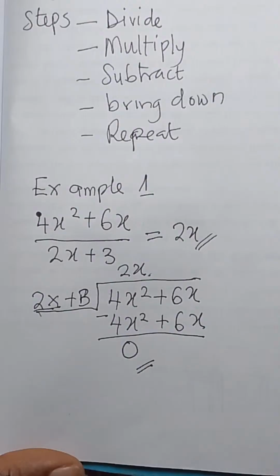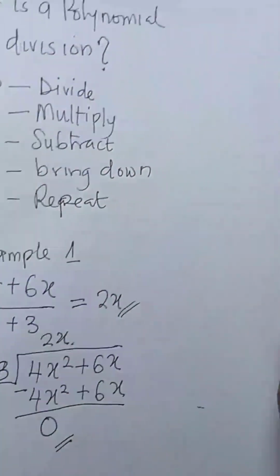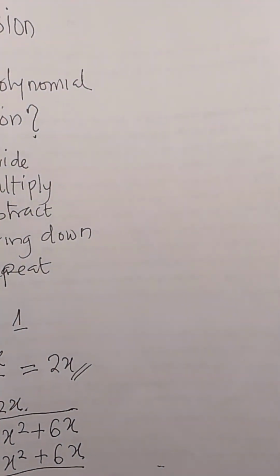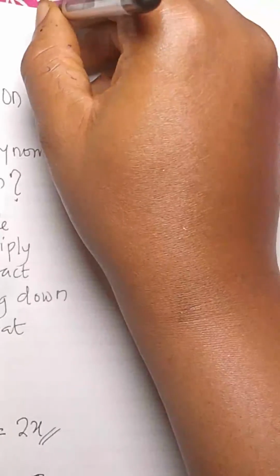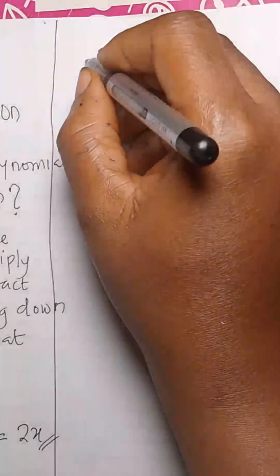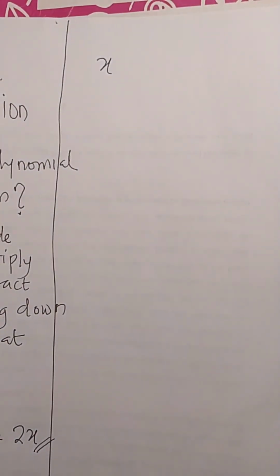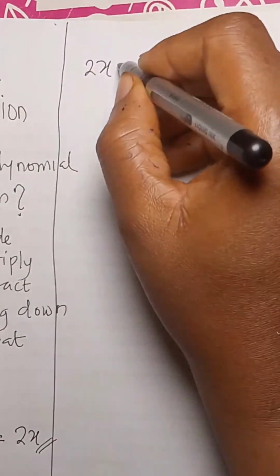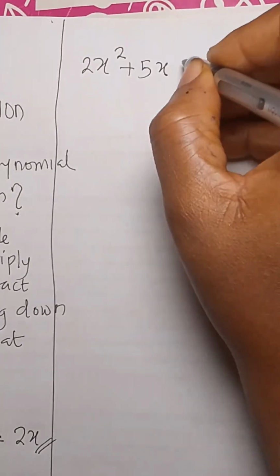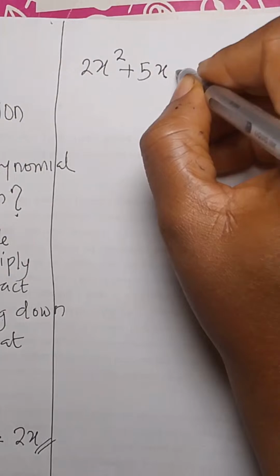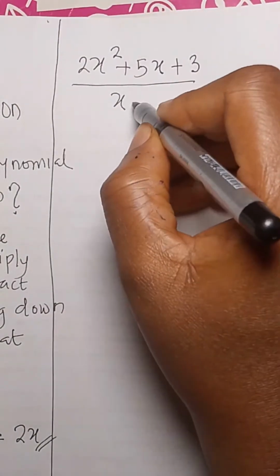Now, we are going to divide 3 terms by 2 terms, okay? So dividing that, we have 2x squared plus 5x plus 3, and we are dividing it by x plus 1.